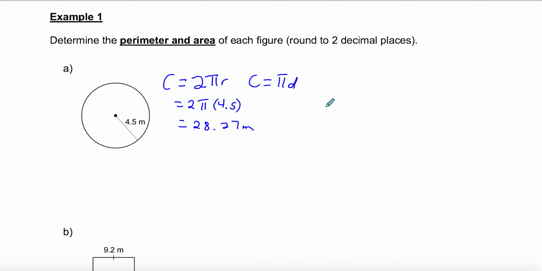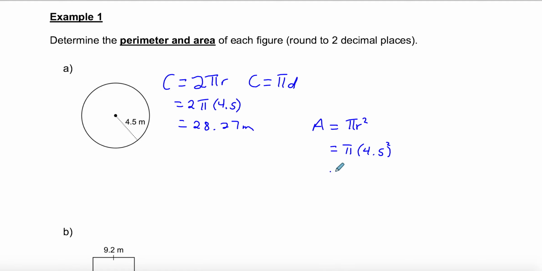If we were going to find the area, it has a different formula. The area from your formula sheet is pi r squared. When we sub in pi, it's 3.14, but I'd really like you to use your pi button if you have a scientific calculator at home. And then the radius is squared. Be careful there: that doesn't mean the pi is squared. It's just the radius, the 4.5, that is squared.